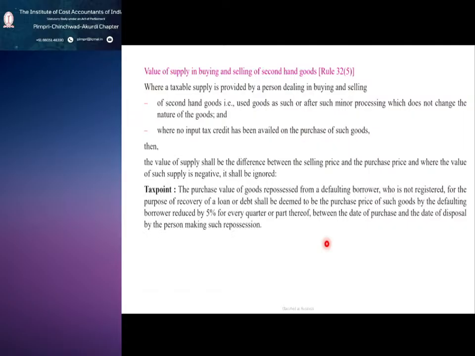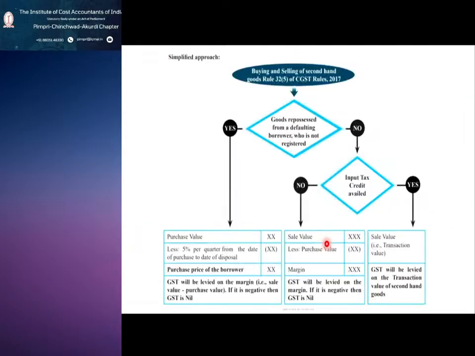See, it is related to buying and selling of second hand goods, where a taxable supply is provided by a person dealing in buying and selling of second hand goods. I'll show you.